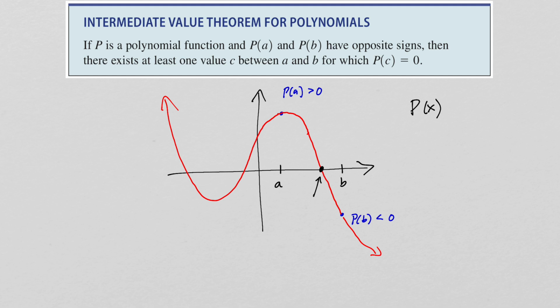So that number between a and b is the number that we're calling c. And so that's what it means when it says there exists at least one value of c between a and b for which p of c is equal to 0. And remember, when we say p of c equals 0, we're basically just saying that there's an x-intercept at x equals c.